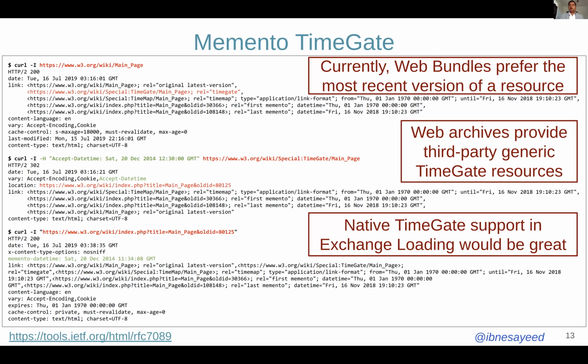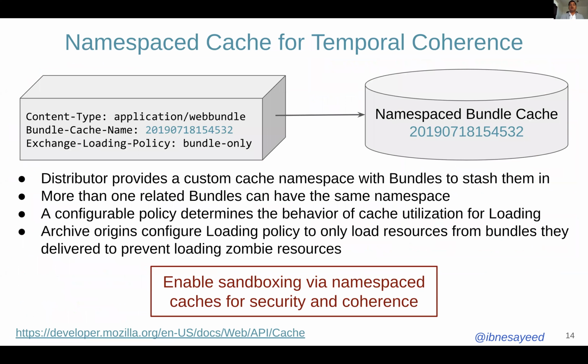One way would be to somehow implement native time gate support in the exchange loading specification, but there are other ways to handle it. One possibility is to do namespaced cache for temporal coherence. What we do in this case is the server decides what would be the cache in which this bundle needs to be unpacked.